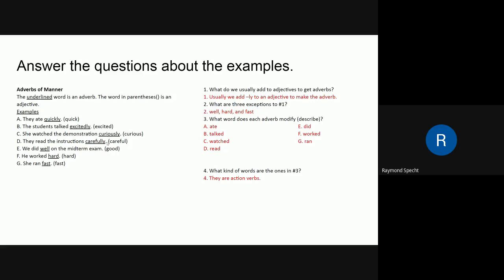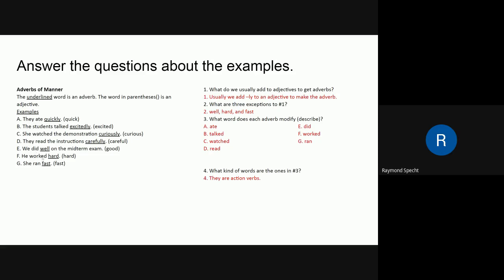All right, D. They read the instructions carefully. Okay? How did they read? Carefully. Okay? It doesn't go with instructions here, so hopefully you didn't put instructions down. E. We did well on the midterm exam. All right, well, what's it matter? We did. F. He worked hard.